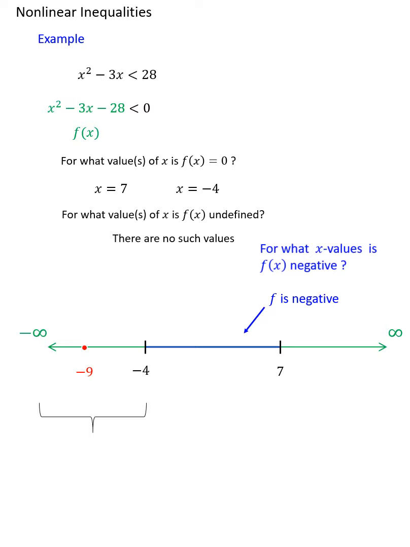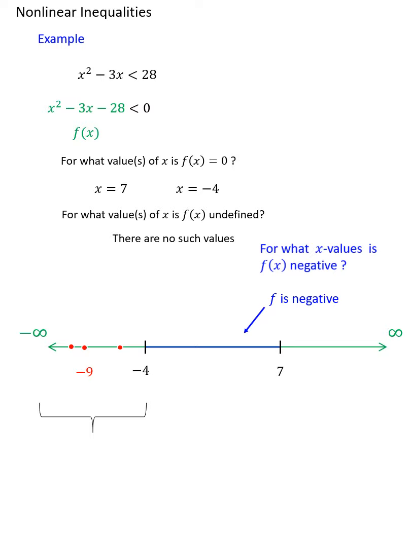And the conclusion, therefore, is that if the function is positive everywhere in that interval, then there can't be solutions to our original inequality anywhere in that interval, from negative infinity through negative 4. So I'll erase all of that and tell myself there are no solutions to my inequality over there.